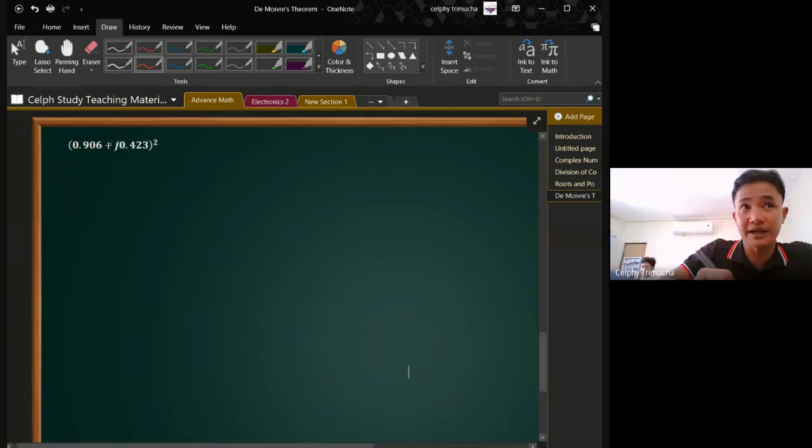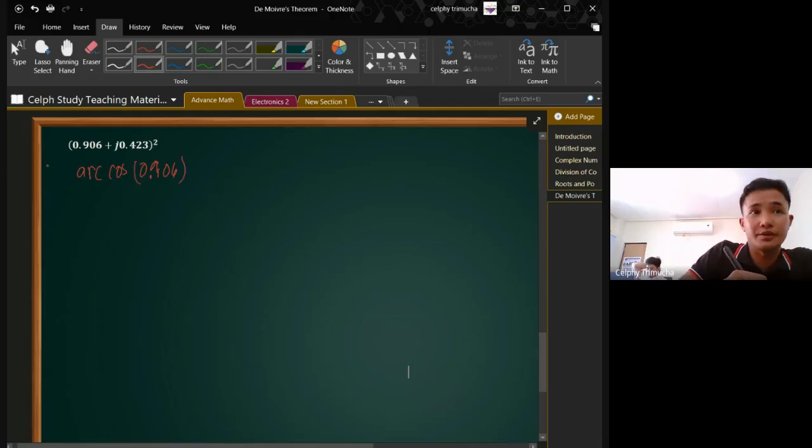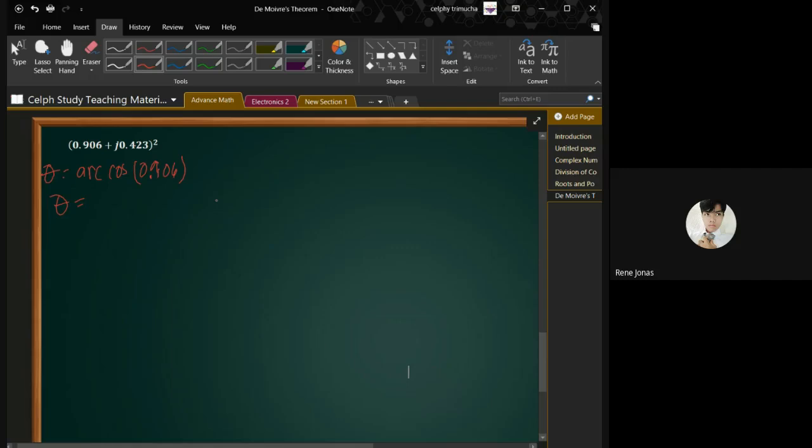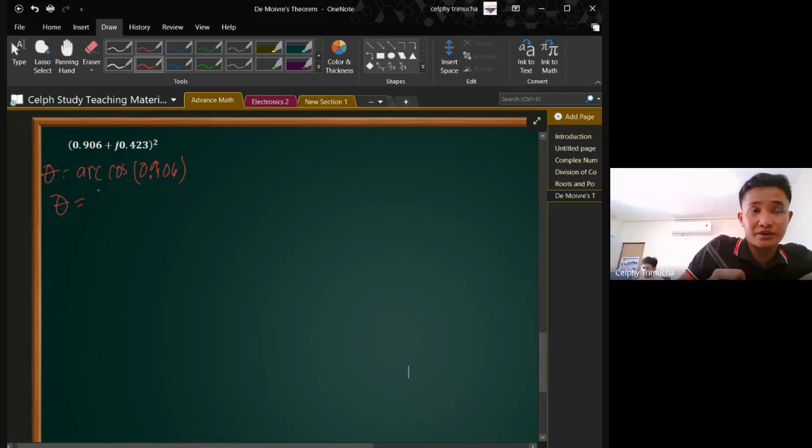The process is the same. First, take the arc cosine of 0.906, which will be the value of our theta for this problem. That is 25.04, so we just use 25 degrees.